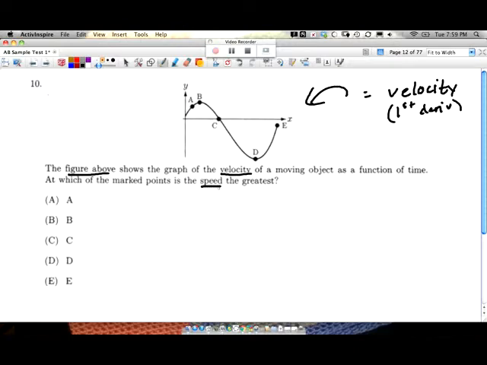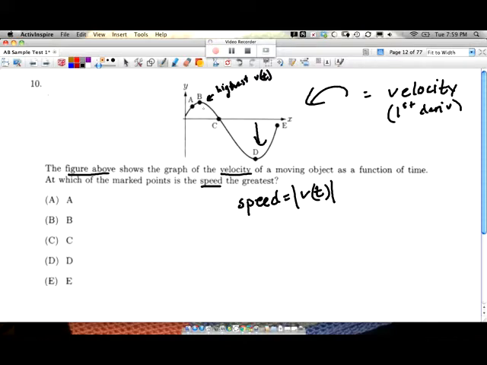Okay, speed in this case is related to velocity. So speed is actually the absolute value of velocity. So when would speed be the greatest? Well, you look here, and this is like the highest velocity, v of t.